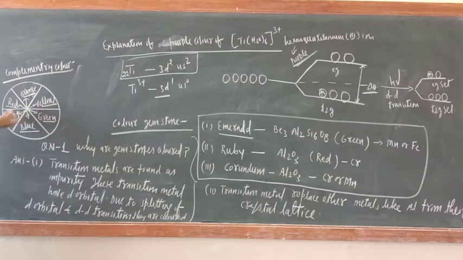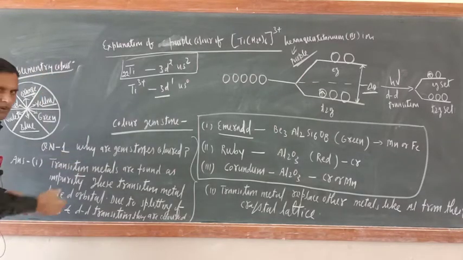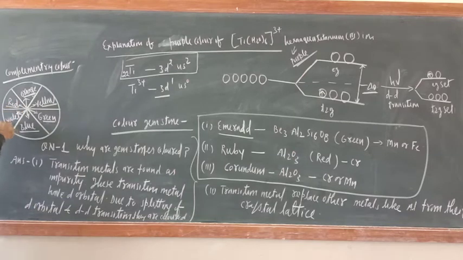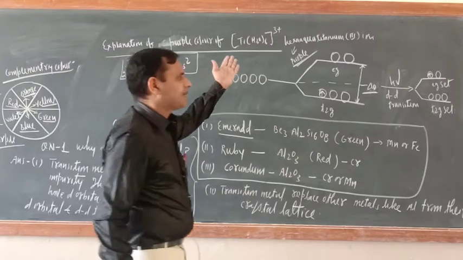Now what is the transmitted color? The transmitted color of yellow is violet and of green is red. So the color seen would be the mixture of red and violet, and the mixture of red and violet is known as purple.